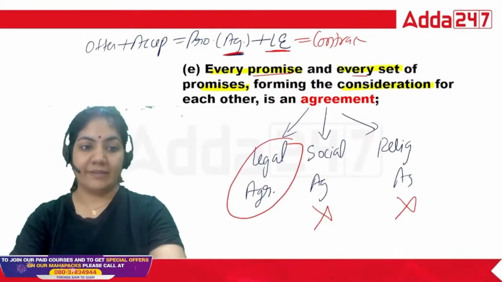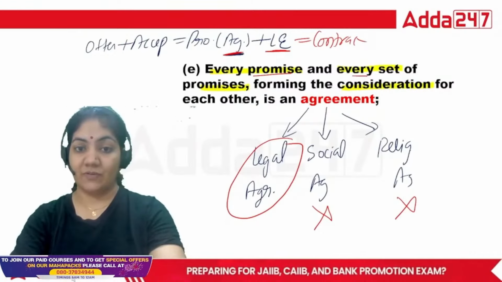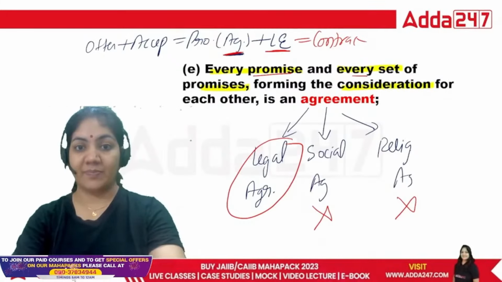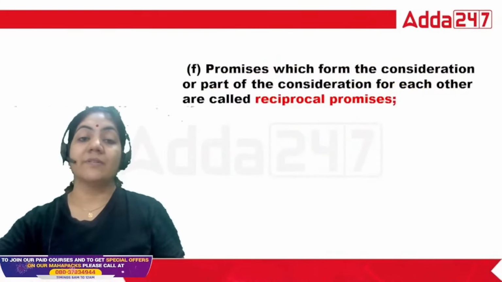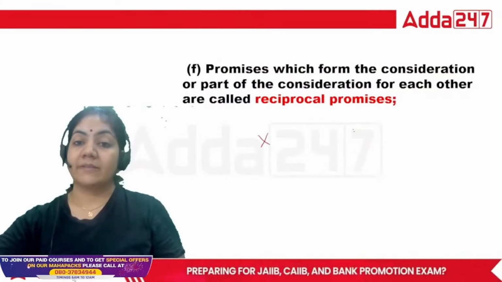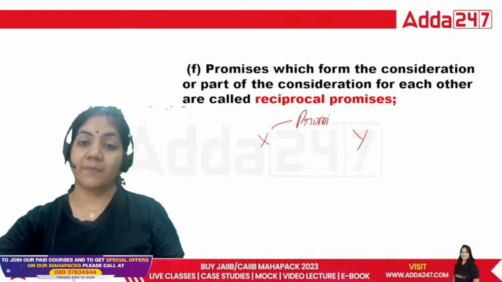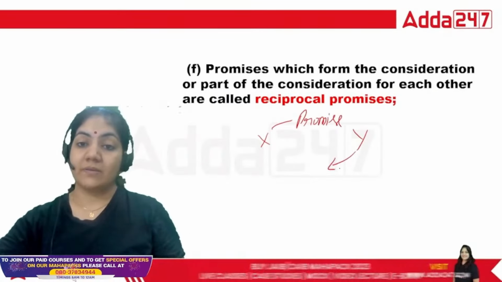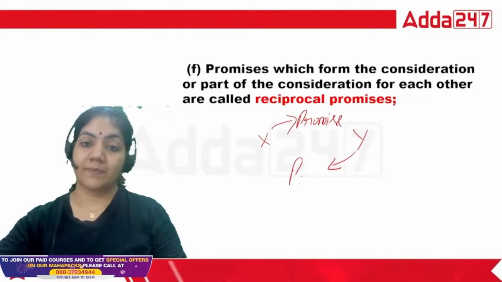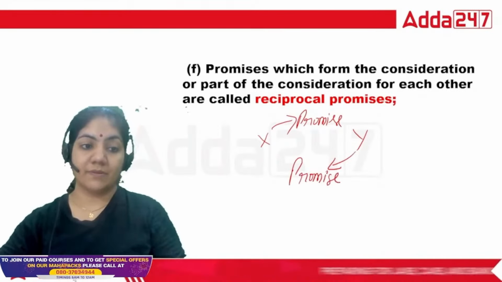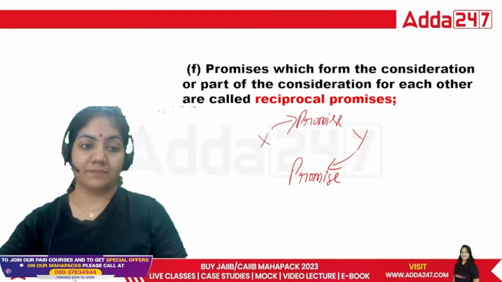So I think this definition is clear to all of you right now. Every definition is important, right? Now next one. What is reciprocal promise? X and Y are there. X is making a promise and Y is also making a promise. So what is this?